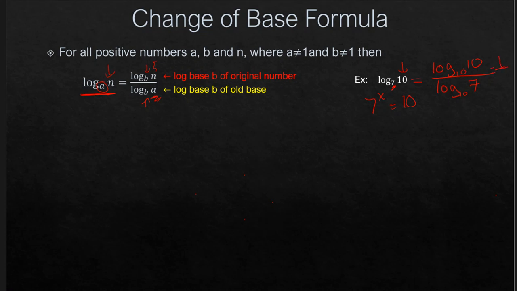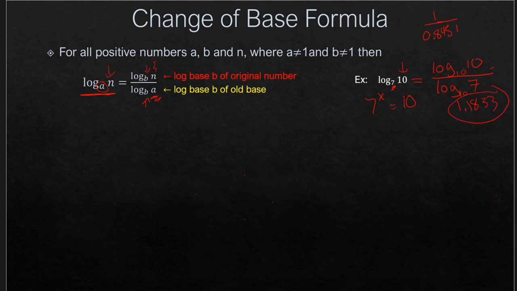And you could do log of 7 in your calculator, and that would be 0.8451. Let me just write this underneath. These logs take so much space. So it's 1 over 0.8451. So I would do 1 divided by 0.8451, and my answer is 1.1833.